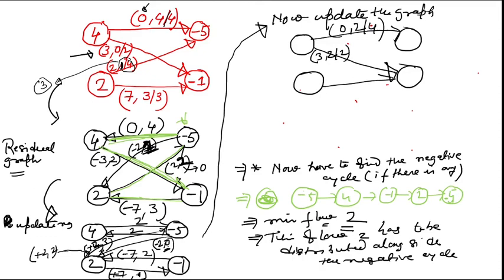This side how much will it be? 7. 1 comma 3. 2 comma 3. This side how much will it be?